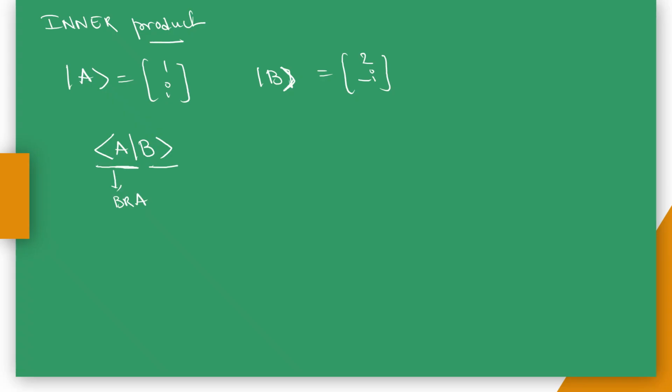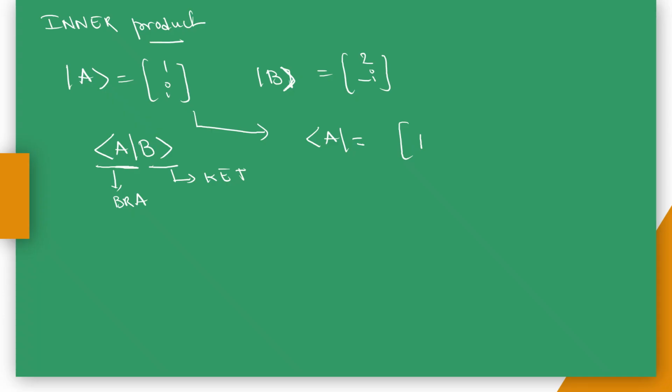this is like the ket. But in the given problem, we just have the ket A and ket B, but we require bra A. That's why I change the ket A to the bra A. As mentioned, it's the complex conjugate transpose. Then the column is converted into a row.